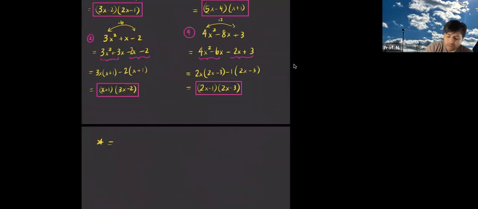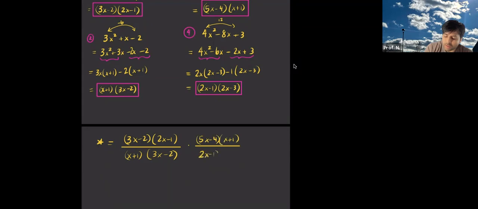So then it's going to look like this: 3x minus 2, parentheses 2x minus 1, divided by x plus 1, 3x minus 2. This is 5x minus 4, x plus 1, 2x minus 1, 2x minus 3.